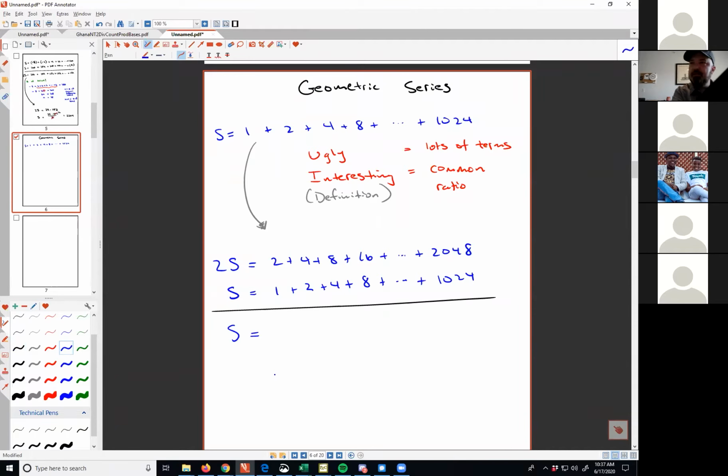On the left-hand side, we just get s, the series sum. But look at what happens to almost all of the terms. They cancel out. That's why we multiplied the first equation by 2. We have 11 terms in both series, in both equations, and 10 of those terms are the same.